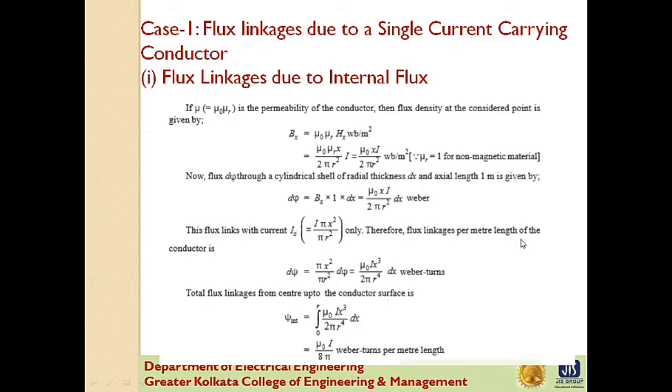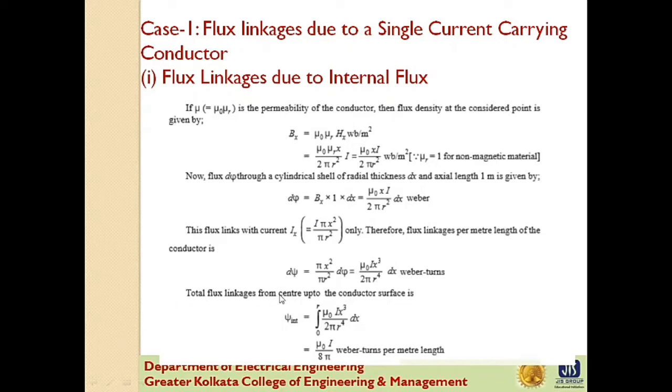Therefore, the flux linkage per meter length of the conductor is d psi equals pi x square by pi r square times d phi, which is equal to mu 0 I x cube by 2 pi r to the power 4 into dx. By putting the value of d phi, we get this.